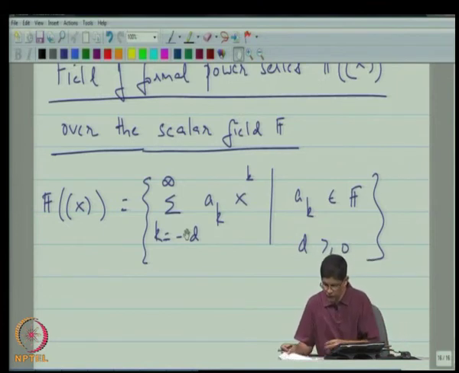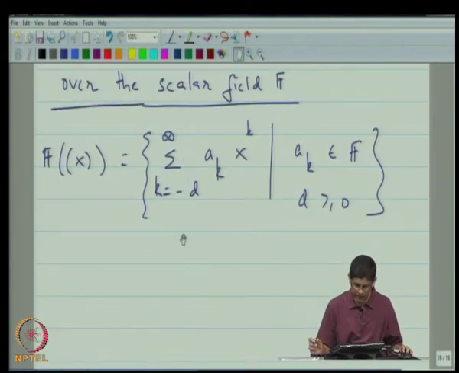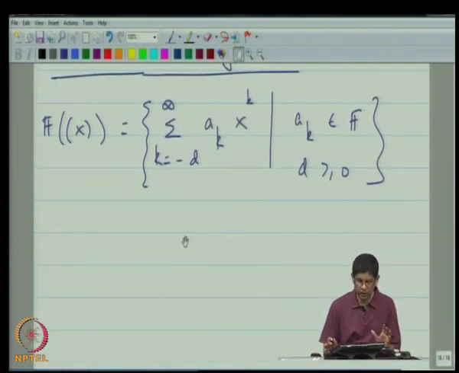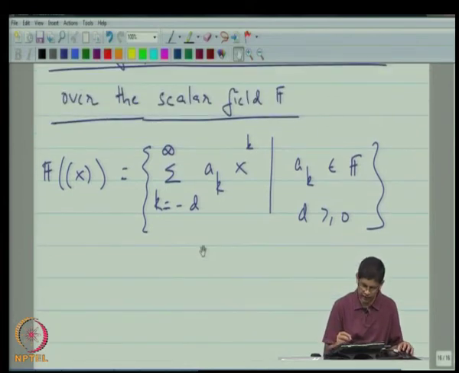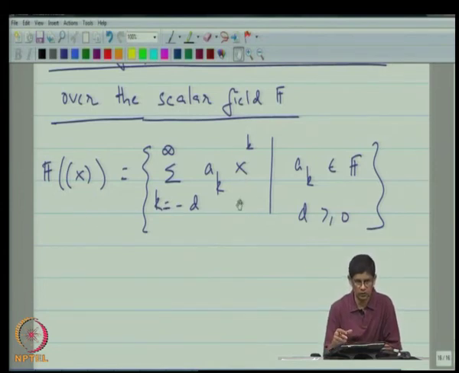Now, how do you actually add and multiply and divide? I am sure that given a formal power series you will know how to add and divide. Here I have used x as the indeterminate, but in our application to convolutional codes the indeterminate will be called D, where D stands for the delay operator.